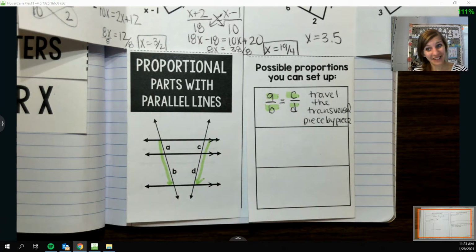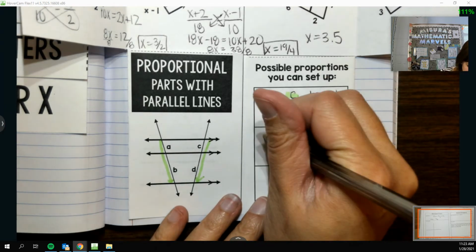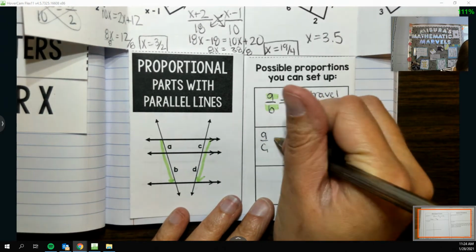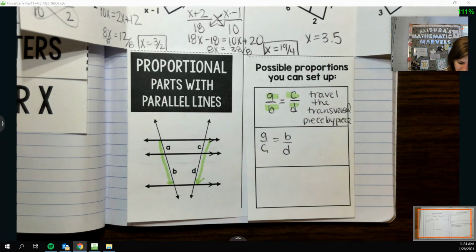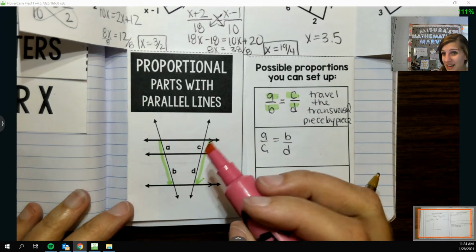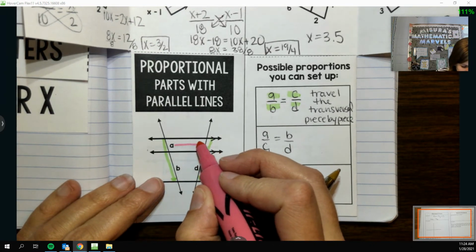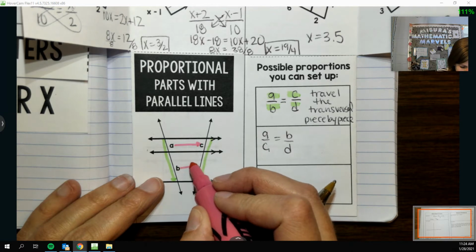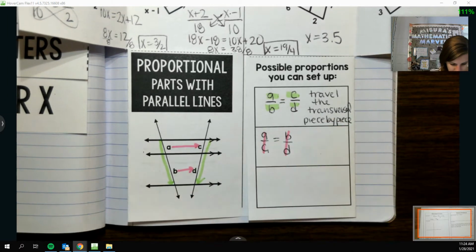Another way that you could write a proportion here is to do A over C equals B over D. That's kind of like what we were doing in these triangle ones above, where I'm traveling along the parallel line in the same direction. So AC, BD.